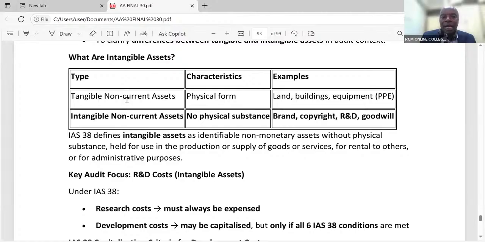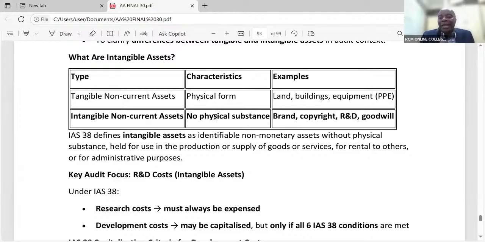Tangible non-current assets have a physical form. These are the ones that will go to what we call property, plant, and equipment. The land, buildings, equipment, because you can touch them, you can see them. Intangible non-current assets have no physical substance, you can never see them.